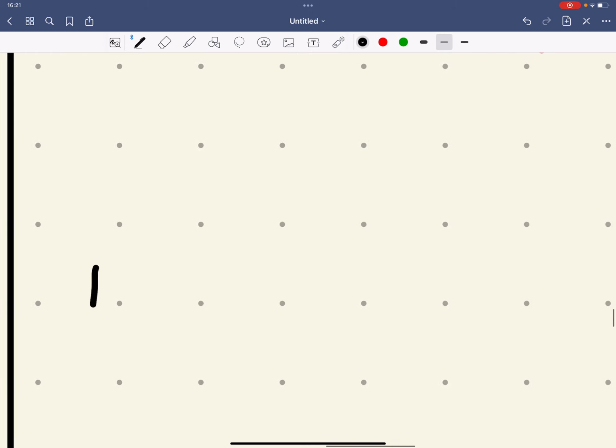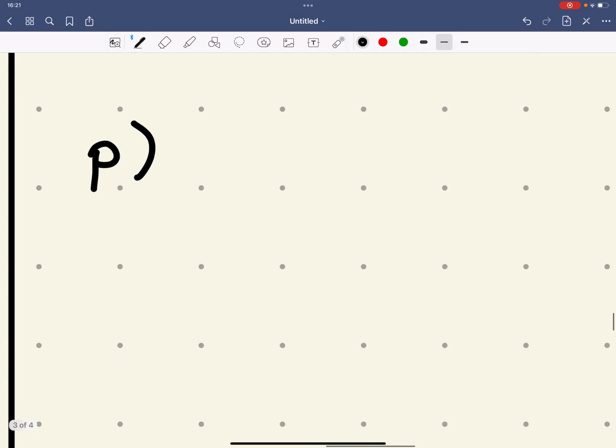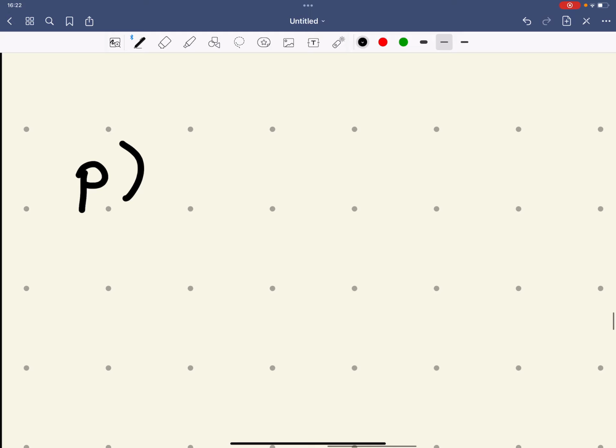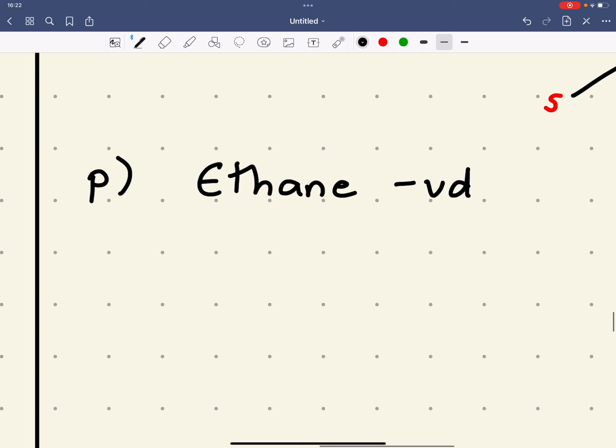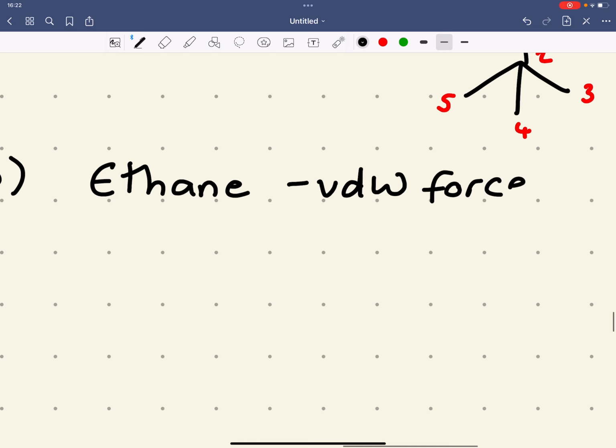Okay, P is which of the following compounds has the highest boiling point? Ethane, chloroethane, ethanol or ethanal. Again, it's through the intermolecular forces. So ethane will be simply van der Waals forces, the weakest intermolecular force.